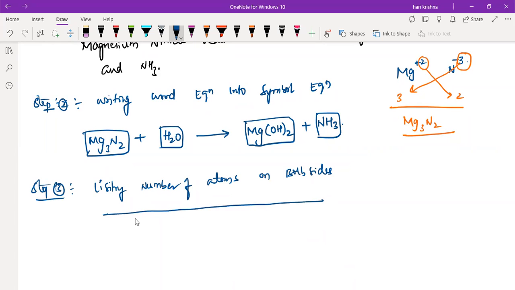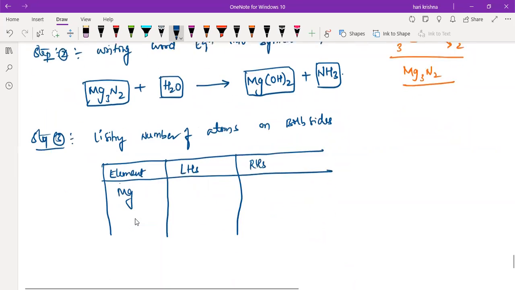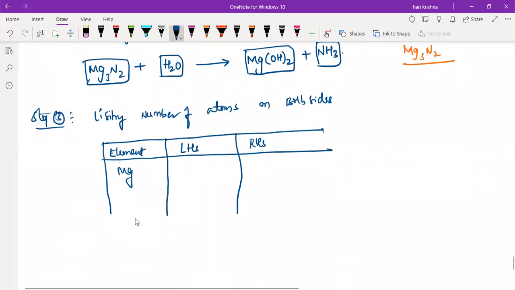So now you tell me. First element, LHS side, how many are there? RHS side. What is the first element? Magnesium. How many on LHS? 3. RHS? 1. Next, nitrogen.